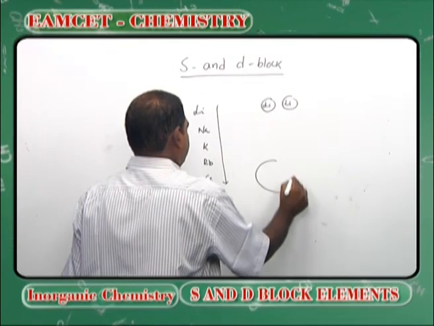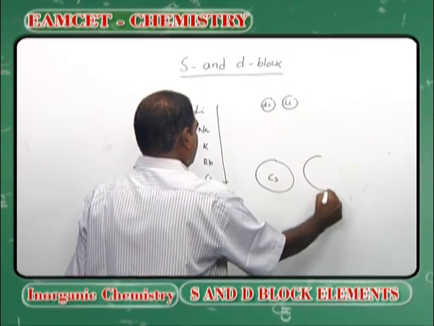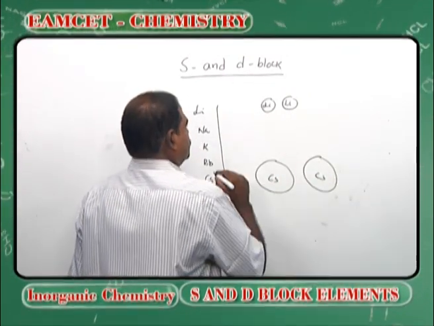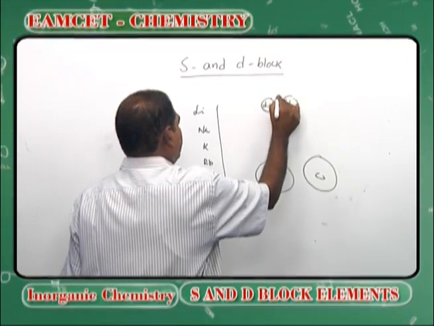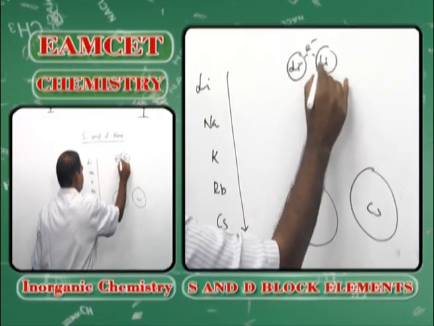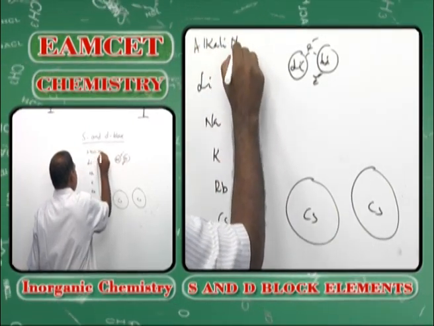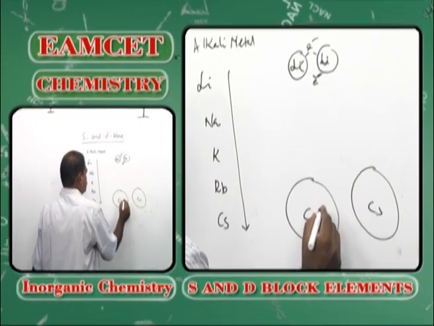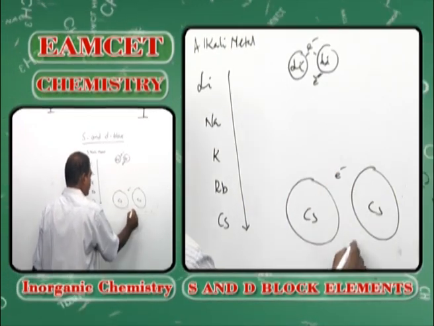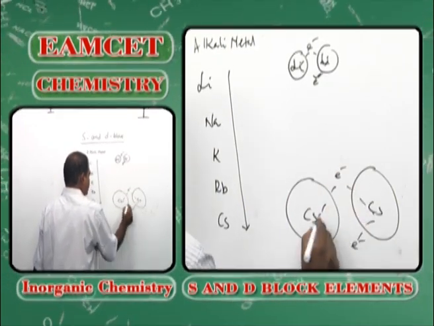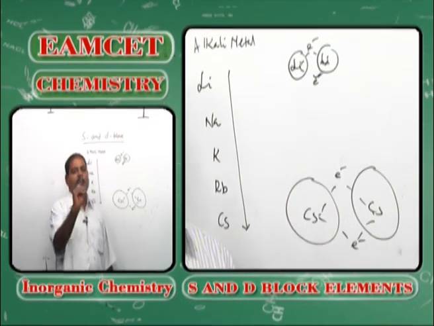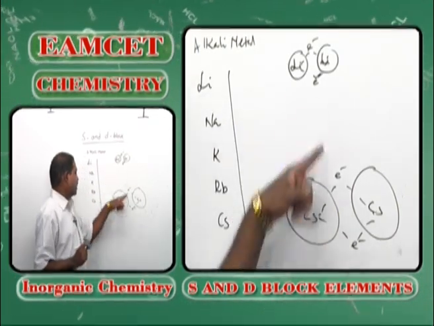Cesium is the biggest. So, only one electron participates in the metallic bond. What do you know about alkali metals? 1A elements are called alkali metals. So, cesium is very big, but its contribution is only 1, because valence electrons are only 1.